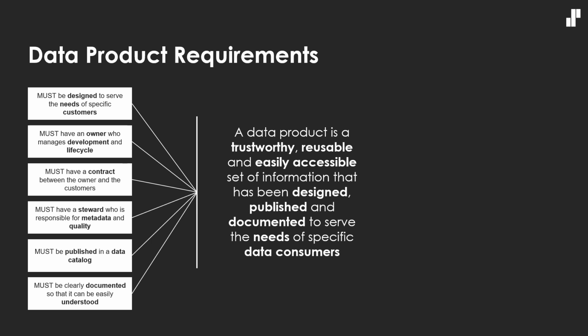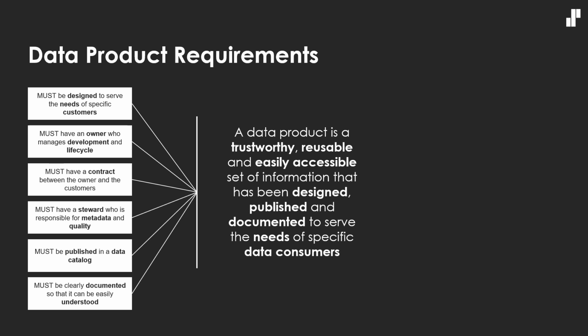It needs to have an owner who takes care of the development and life cycle of that named product. It needs to have some kind of contract between the producer and the consumer to understand what is really required from the producer so that it can serve the customer. And there's something like almost an SLA, so that we can ensure that the data produced is really on a sufficient level for the consumers.